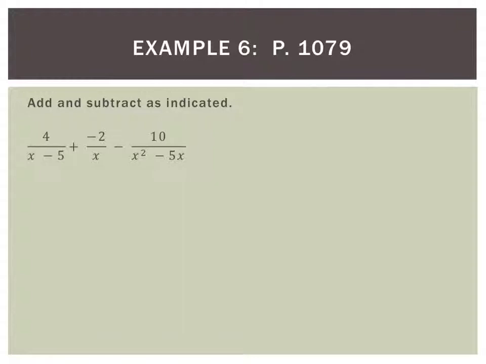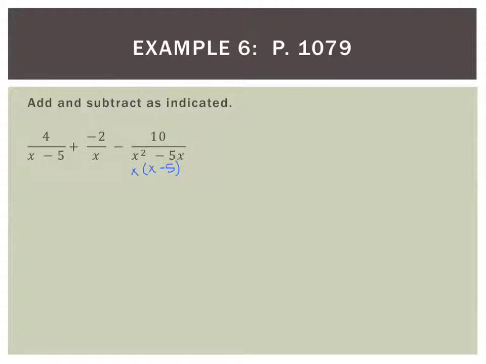Okay, example 6, I have 3 fractions and I'm adding and subtracting. So the first thing I'm going to do is factor the x squared minus 5x. So it's going to be x times x minus 5.